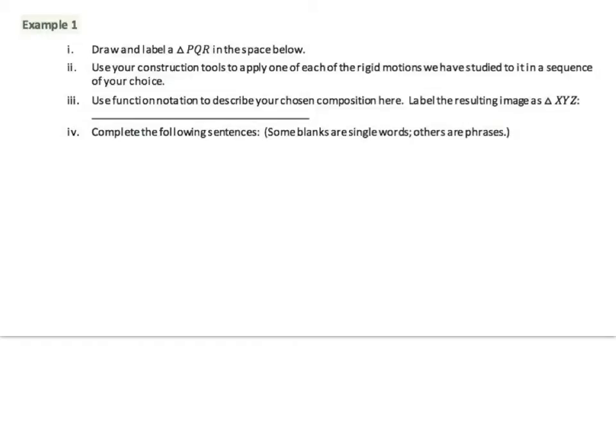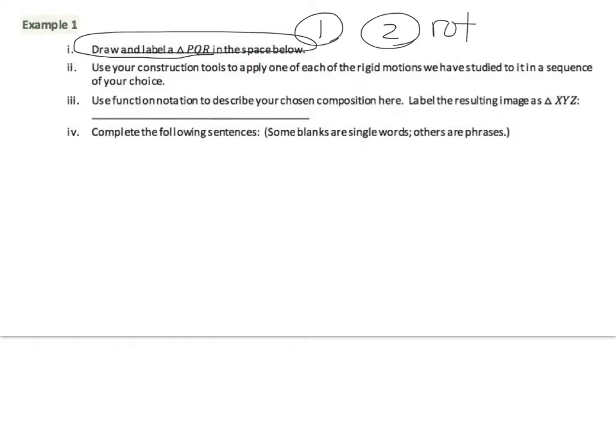Okay, so first I'm going to draw and label PQR. That's what I'm going to do first. Second, I'm going to rotate it. I'm going to push pause and do those two things, if you could do those two things on your own.